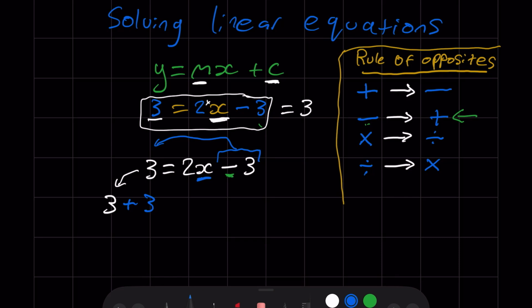So I've taken this negative 3 here, I've moved it over here, and we have 3 plus 3. This equals 2x. So that is staying the same. This equation is still the same. We have not changed anything about it. We have just moved our negative 3 over to the other side. We have kept it true by reversing that operation.